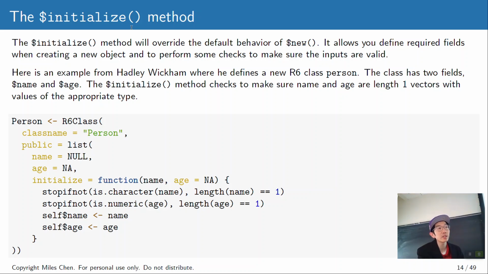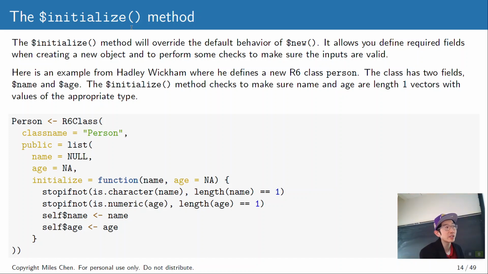So $new is used to create new instances of that particular class, okay? And what initialize does is it allows you to define, say, required fields, or to perform some kind of validation to make sure the inputs are valid, okay?